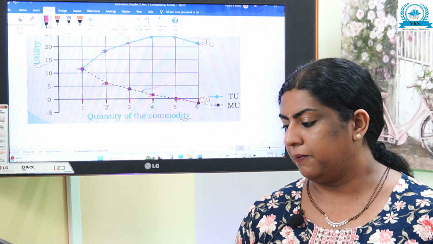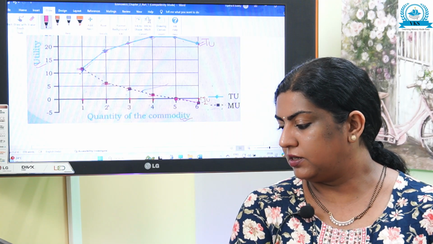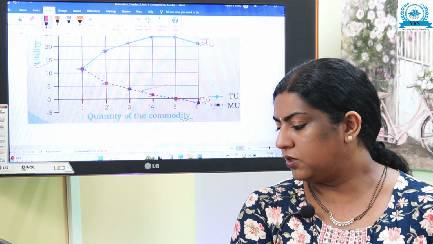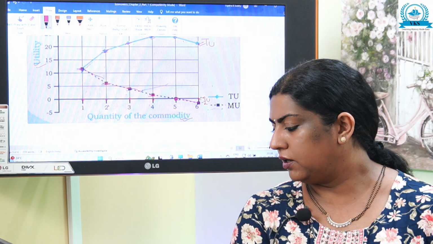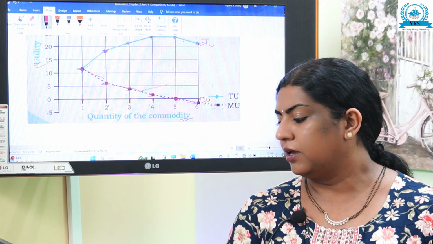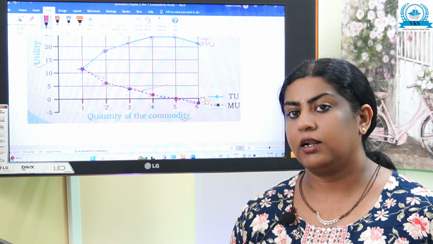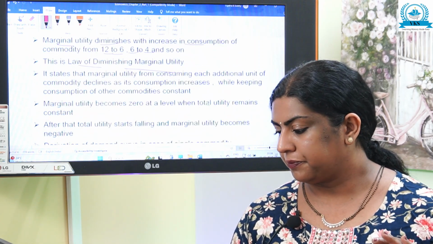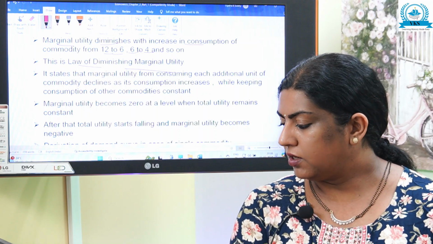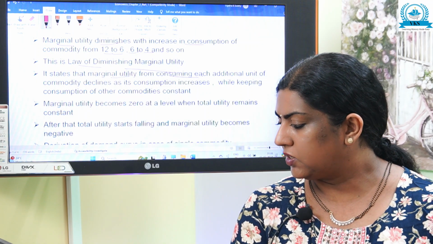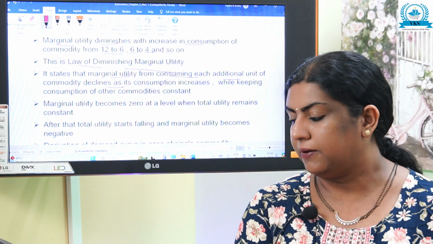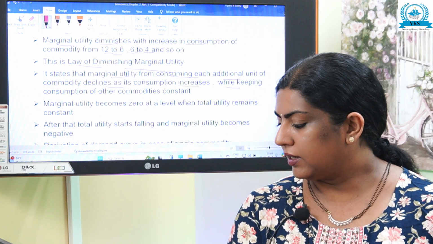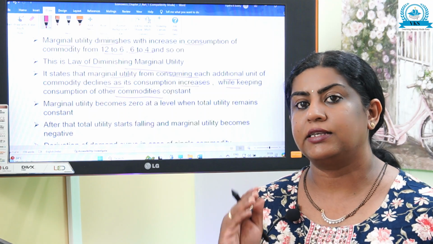Here the marginal utility curve is the black one. It keeps on going down, diminishing, and finally it becomes -2. That is called the law of diminishing marginal utility. It states that marginal utility from consuming each additional unit of a commodity declines as its consumption increases, while keeping consumption of other commodities constant.